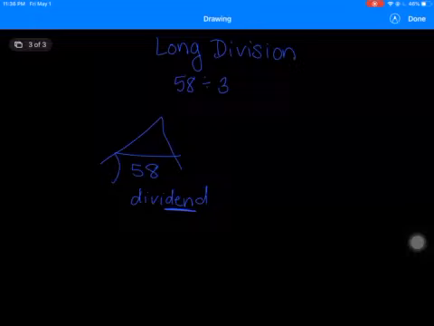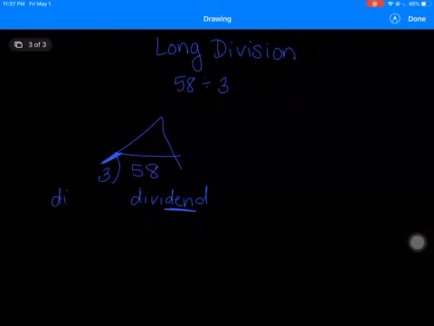And then our divisor goes under the visor. So if we think of this little part of the roof as a visor, like a hat you wear, the 3 goes there. That's the divisor. And divisor has the word visor in it. Now up here at the top, this is like the attic. It's at the very top.